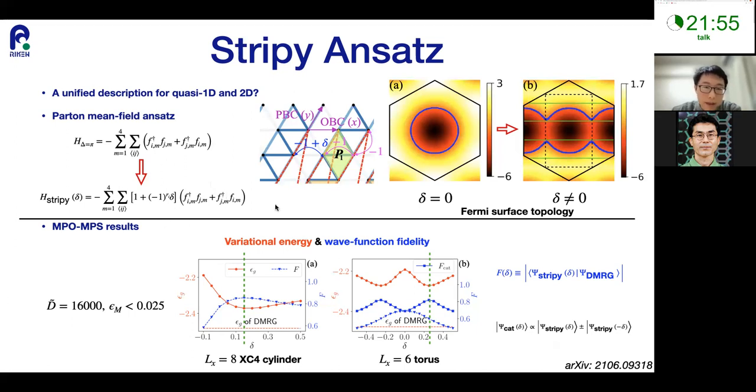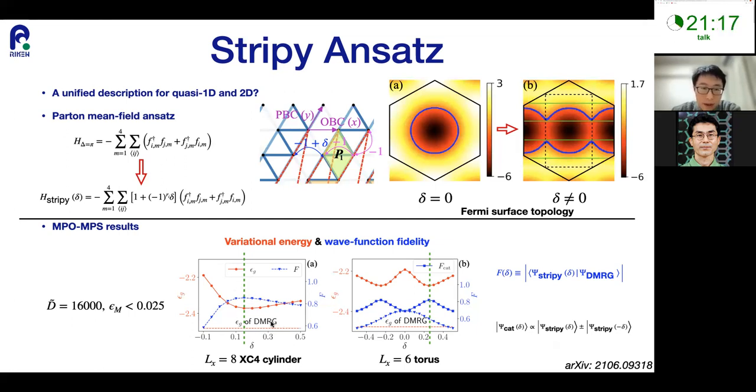A better ansatz means that the ansatz has a better variational energy and a better wave function overlap with the true ground state. So here, first we use the DMRG method to calculate the ground state of the system, and then we use the MPO-MPS method to convert the ansatz with different delta to MPS, and then we can measure the energy of the MPS and its overlap with the DMRG wave function.